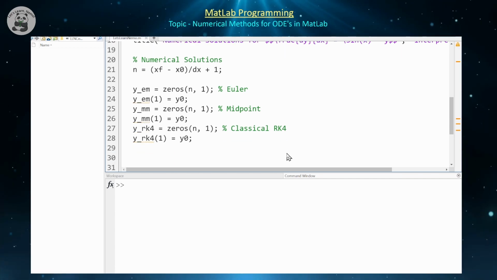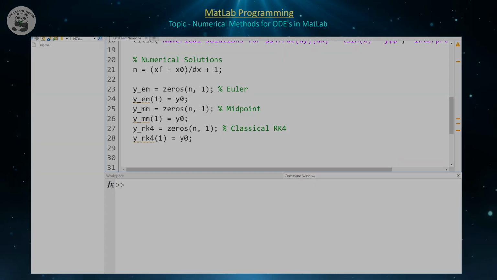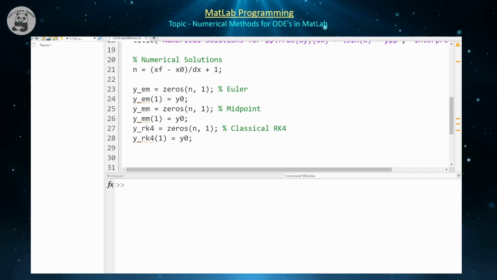So once we have all of our solutions initialized, now we're going to start coding our numerical schemes. Since we're going to be saving all of our values inside of these three vectors, you could probably do a while loop, but I think a for loop is a little bit clearer in terms of the structure for this particular type of implementation.